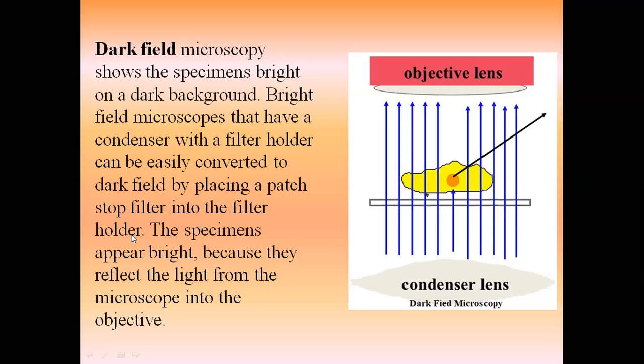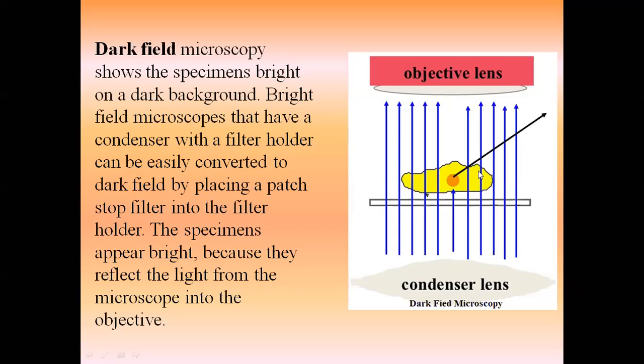What it is saying is, you can convert your bright field microscope into a dark field microscope also by placing the filter. So the specimens appear bright because they reflect the light from the microscope into the objective. Okay, so this is what it is saying. And in the diagram you can see the light which is passing through the sample.